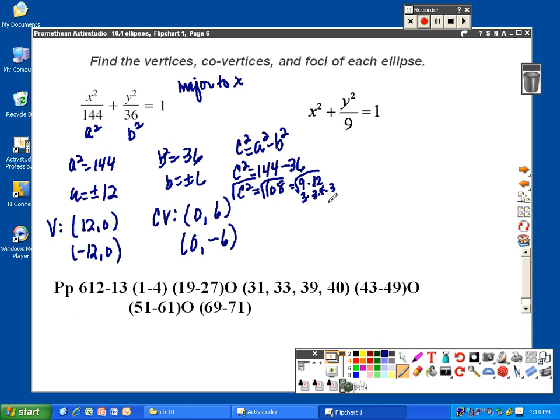So that would be 3 times 2 square roots of 3. So c is plus or minus 6 square roots of 3. So my foci have to go on the major axis, and since the center, h, k, was 0, 0, I have to go 6 square roots of 3 right, and 6 square roots of 3 left.